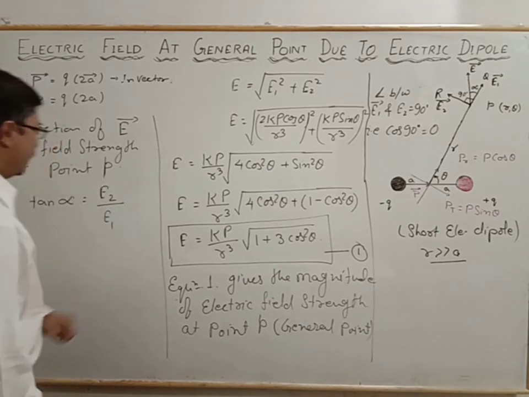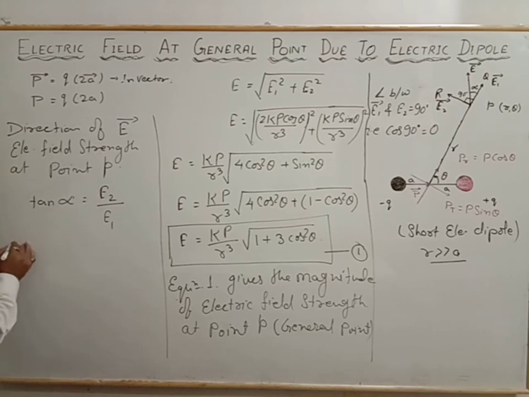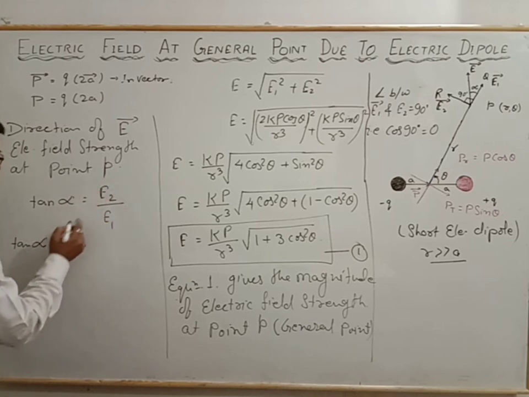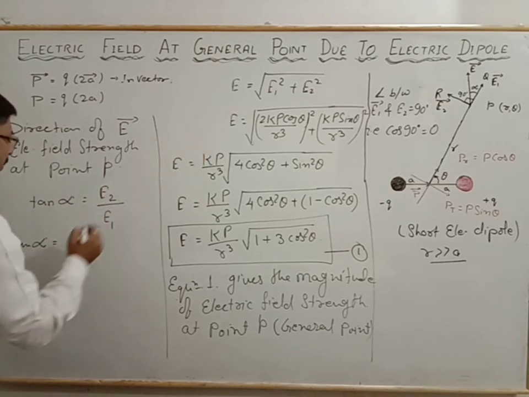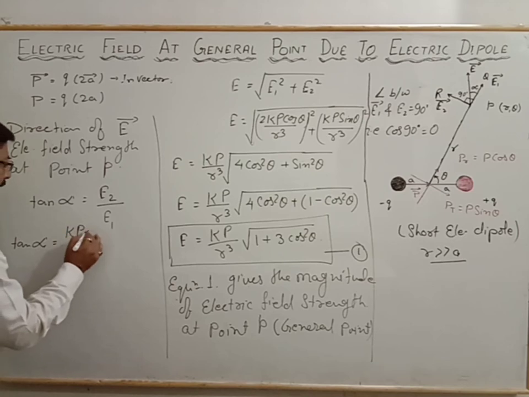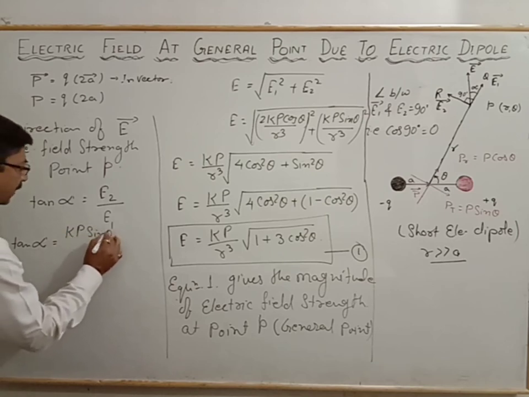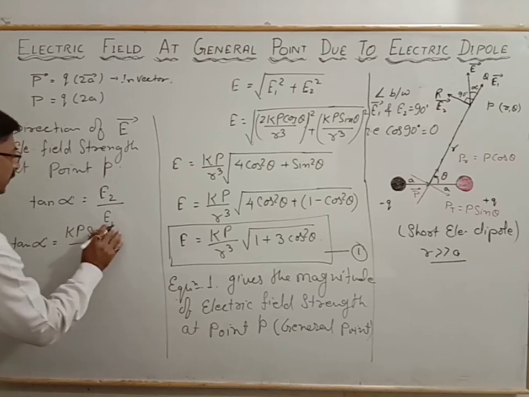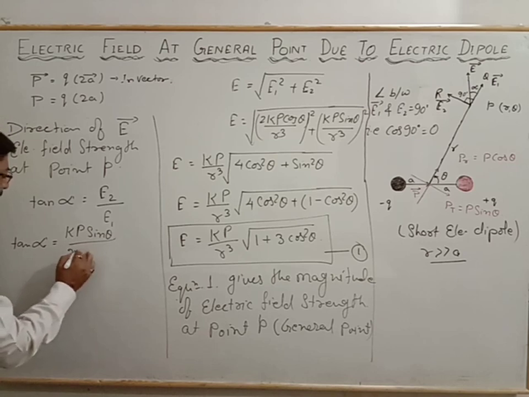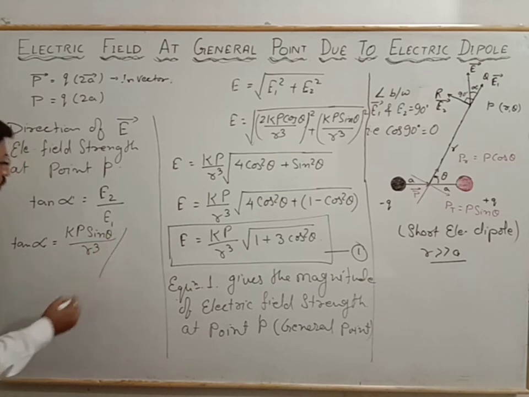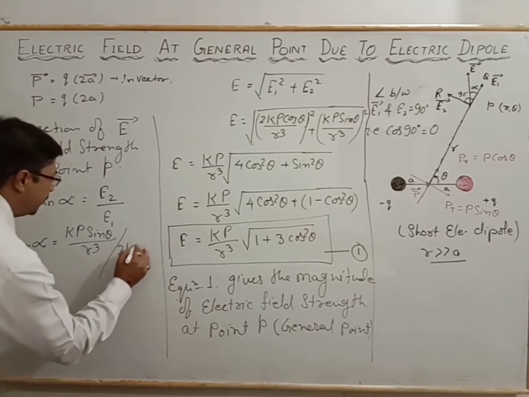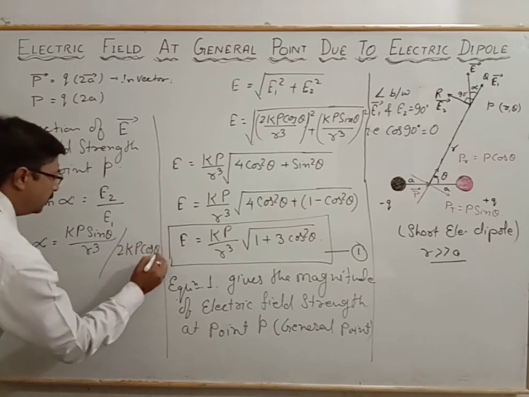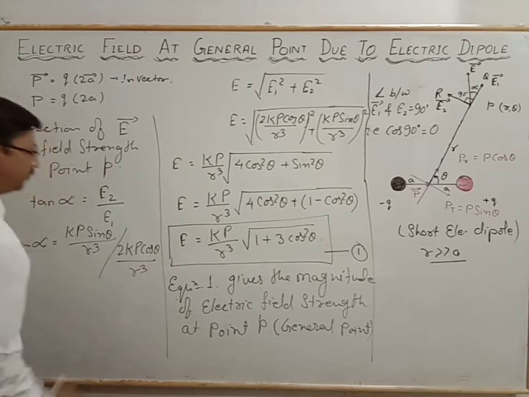Now we know the values of E2 and E1, so substitute: tan alpha is equal to kp sin theta by r cube divided by 2kp cos theta by r cube.